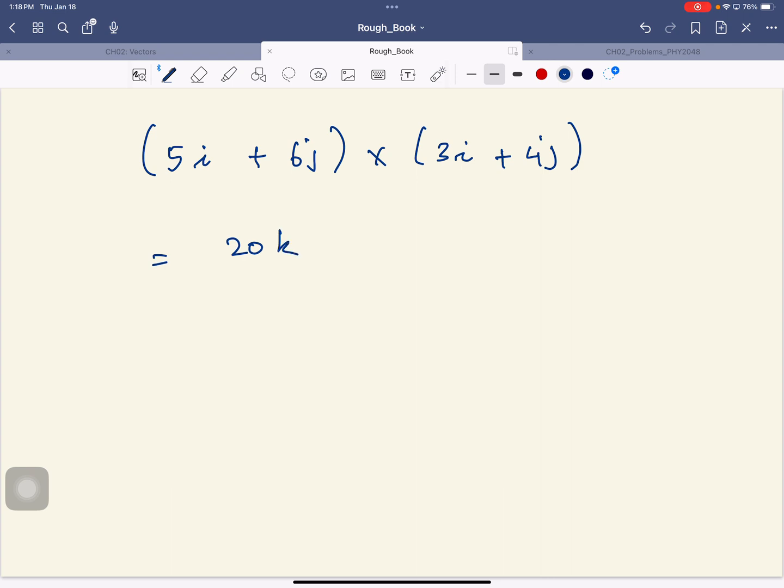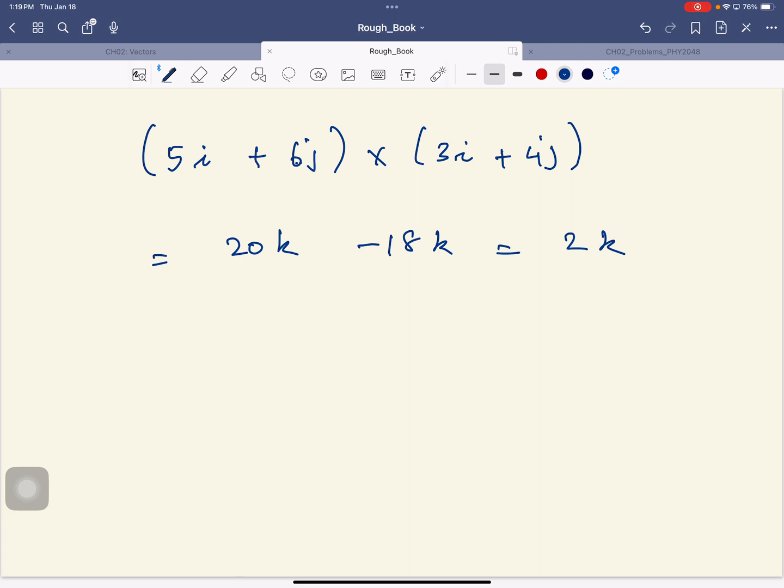You following me? And J cross I is negative K, so it's 6 times 3 is 18, negative 18K. J cross J is 0. And so that's 2K. Finding cross products that way is also easy.